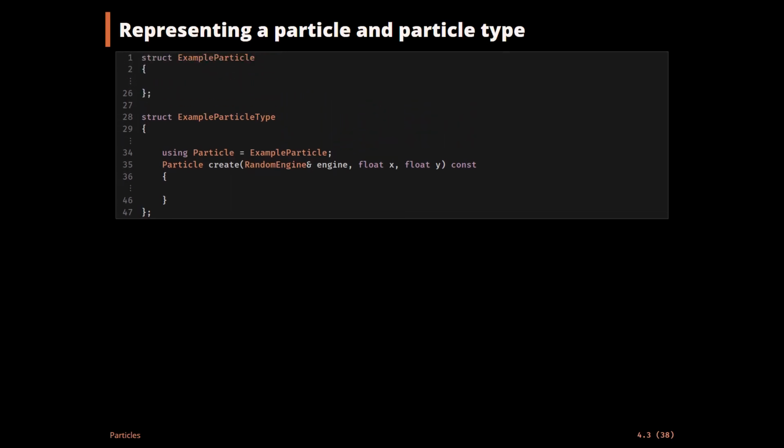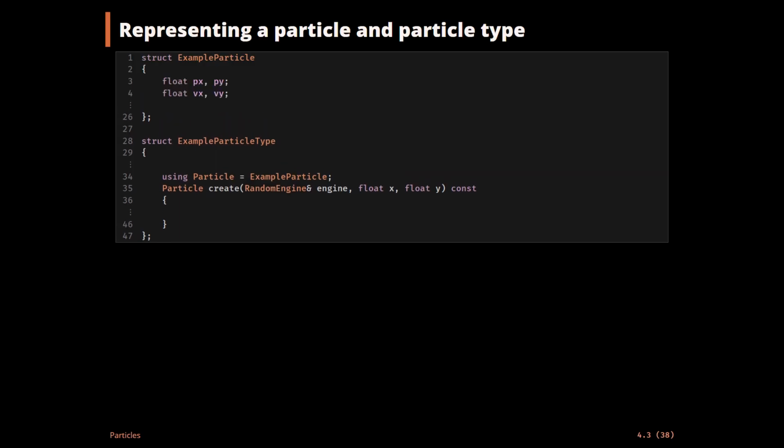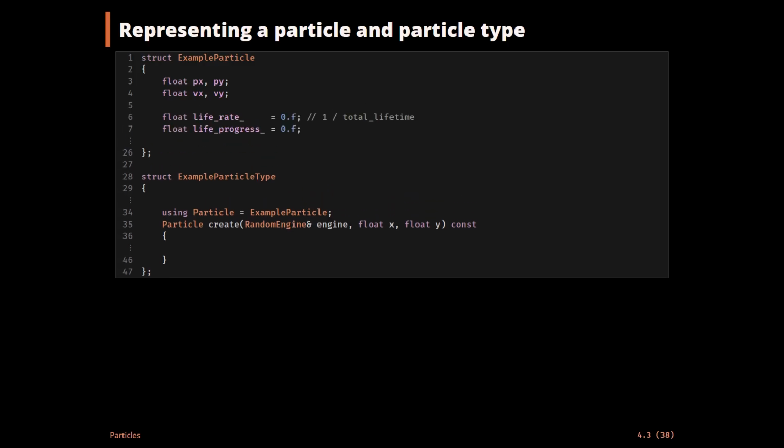So then a particle itself, the first one I showed you, the little sparks flying apart, has a position, x and y, a velocity, Vx and Vy, and then a life rate, which is just the reciprocal of the lifetime. So if it lives for 2 seconds, this will be 0.5, and then a life progress.